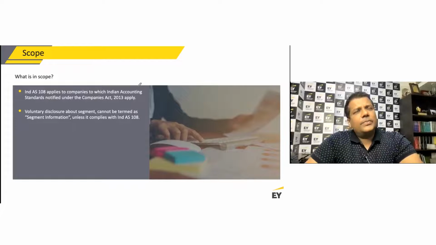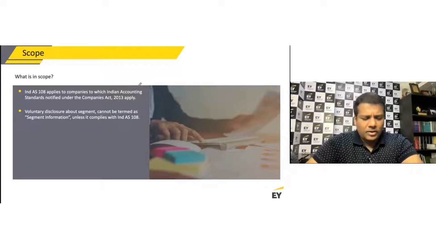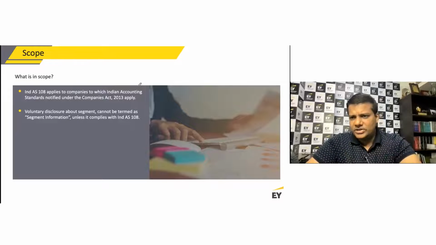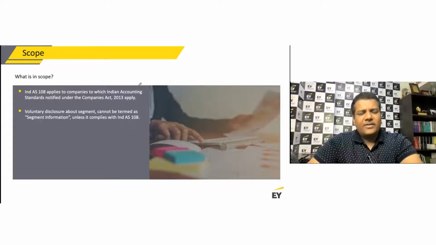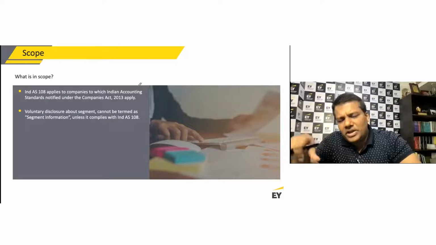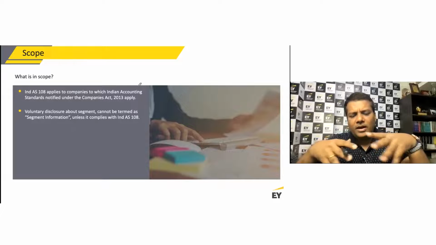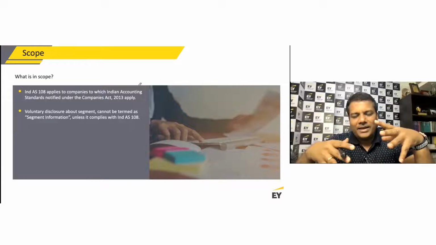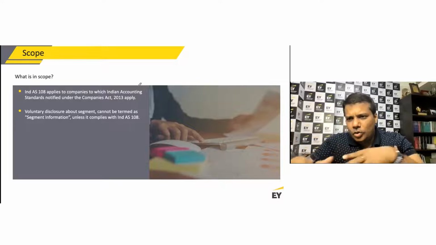So that's the biggest distinction between the old Indian GAAP and IND AS 108: how do you as management look at your business performance? How is your MIS, which is Management Information System, being presented for optimal decision making? The information on which you do your decision making should logically be made available to your stakeholders.